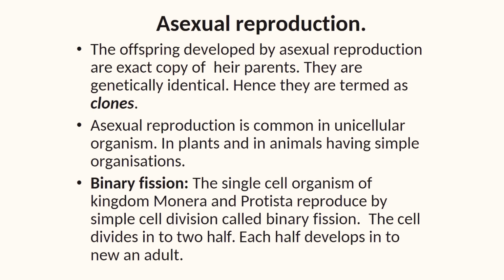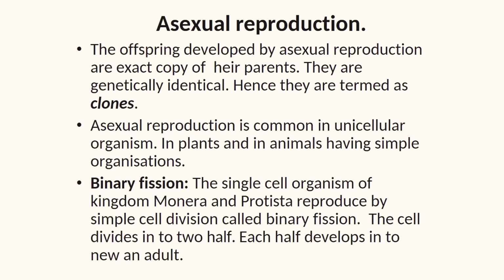Asexual reproduction is common in unicellular organisms, in plants, and in animals having simple organizations. Asexual reproduction is of following types: binary fission, budding, fragmentation, spore formation, etc.